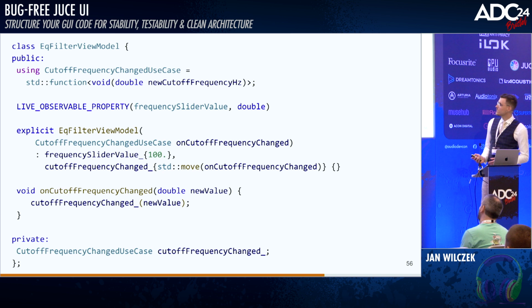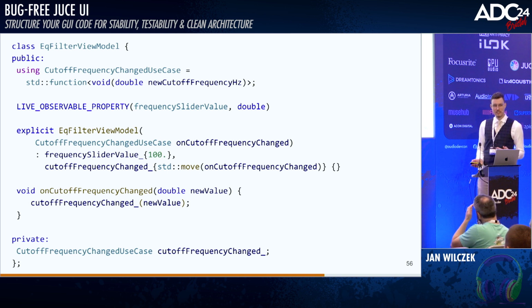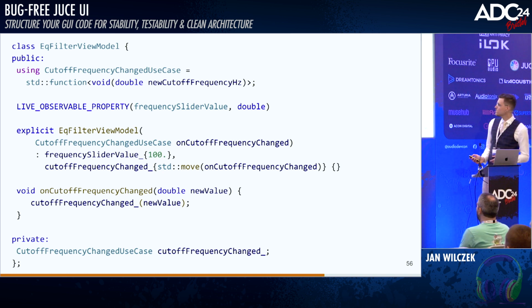This is something that the view can observe for changes, but it can also influence it by calling the public view model function notifying the view model that the user dragged the frequency slider. And here we initialize this member. And the nice thing is that we can pass to the view model the callback that should be called from the model when this frequency slider changes.